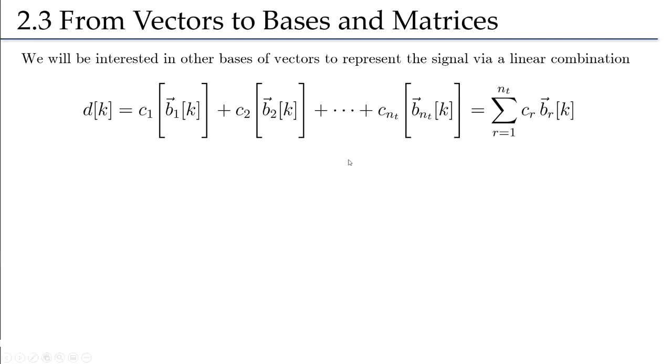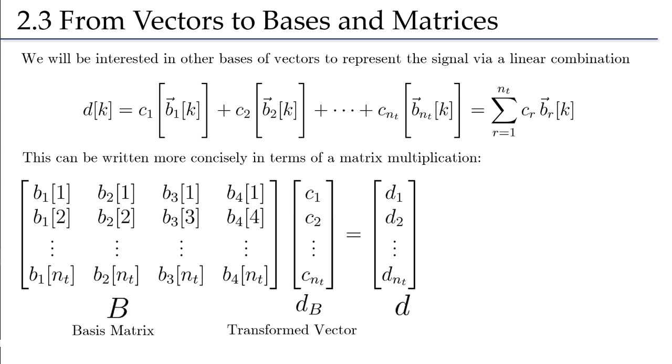In particular, we construct the matrix basis B by collecting all the elements of the basis along the column of this matrix. Then we can collect our set of coefficients as a column vector dp, which represent our transformed signal. It's the representation of our vector in the new basis.